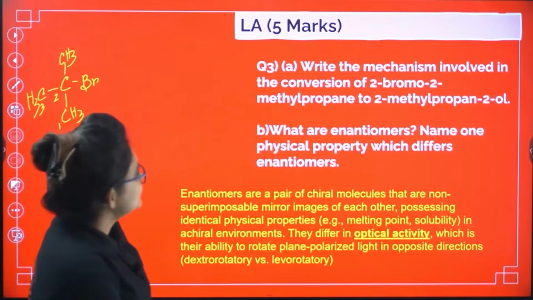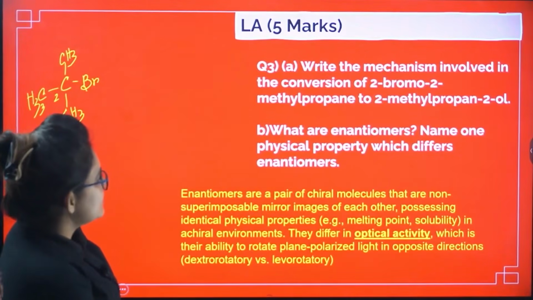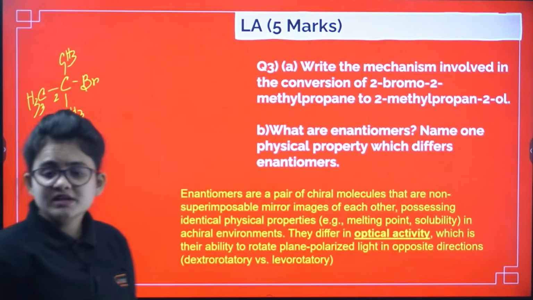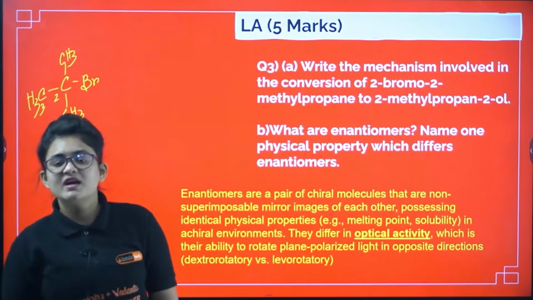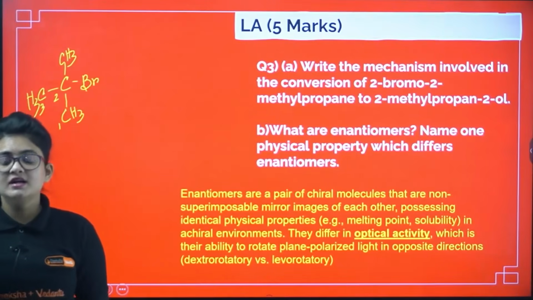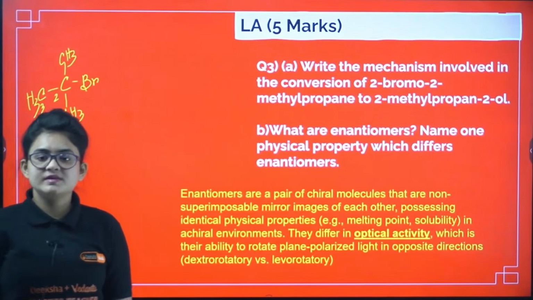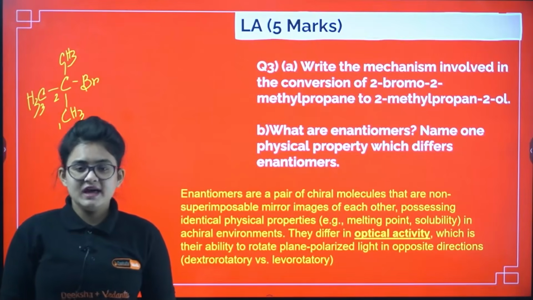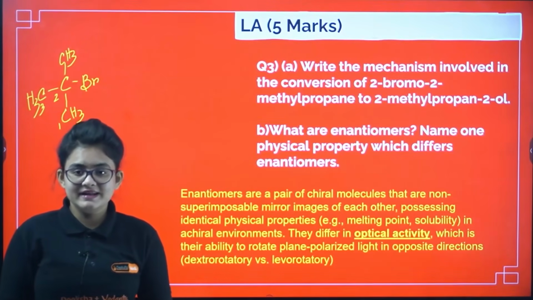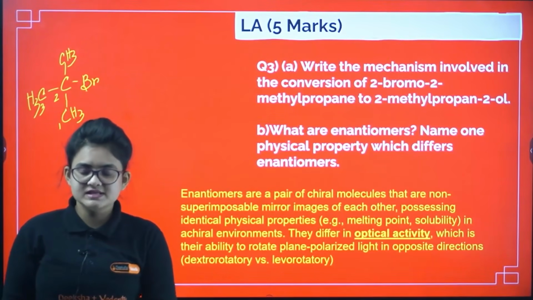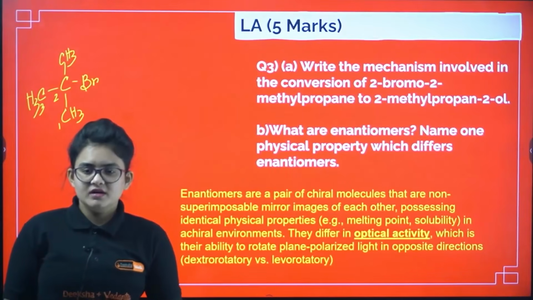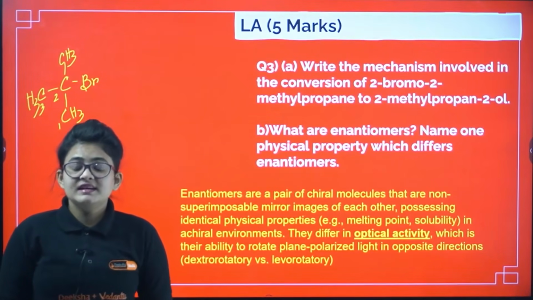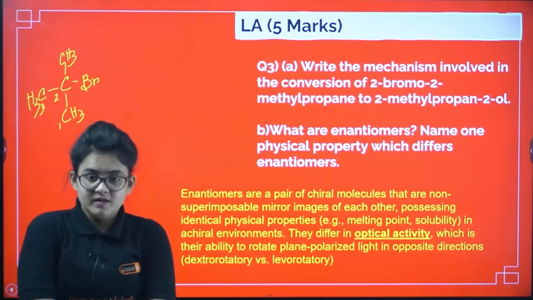Next, what are enantiomers? Name one physical property which differs the enantiomers. So enantiomers are basically the pair of chiral molecules that are non-superimposable mirror images of each other. They have their own physical properties like melting point, boiling point, solubility, and they differ in optical activity.